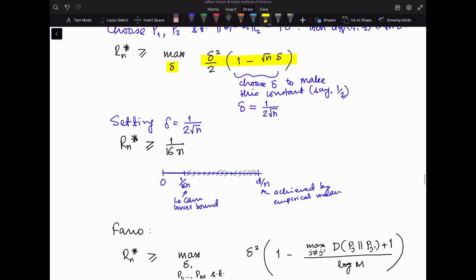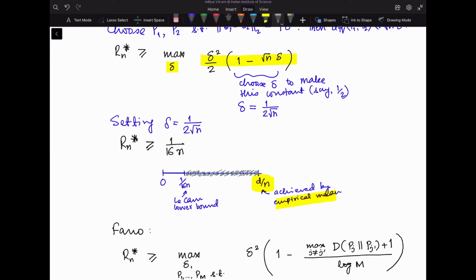Earlier we had derived an upper bound on Rn star, which was this d by n, and this is achieved by the empirical mean. And now we say that no matter what estimator you design, your worst case risk would be above 1 by 16n, so it will lie in this shaded gray area. Earlier all we could have claimed was that Rn star is greater than or equal to 0.